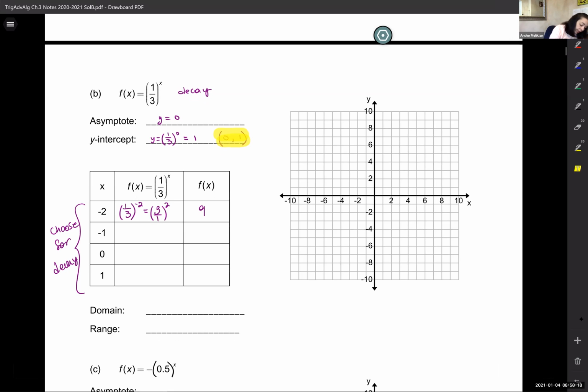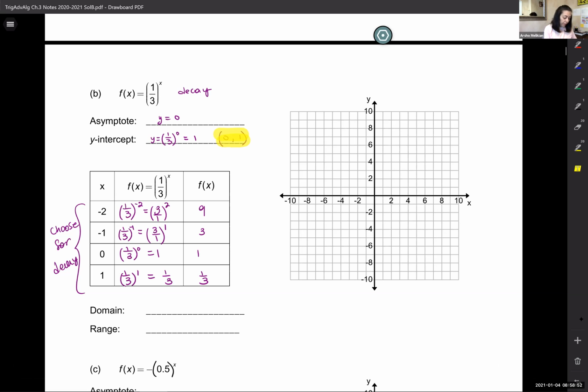Okay. 1 over 3 to the -1, flip the fraction to the +1, 3. If you don't remember these exponents from last year, let me know and we can go through them, right? Okay, 1 over 3 to the 0, 1. 1 over 3 to the 1, 1/3.